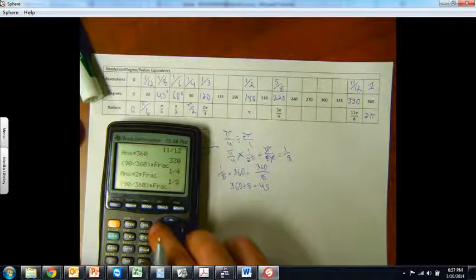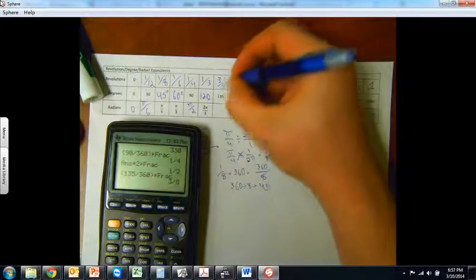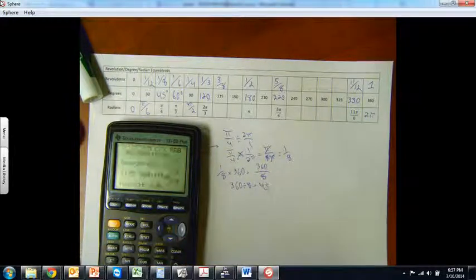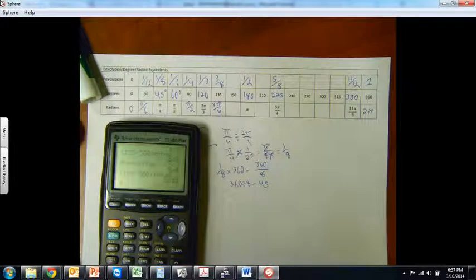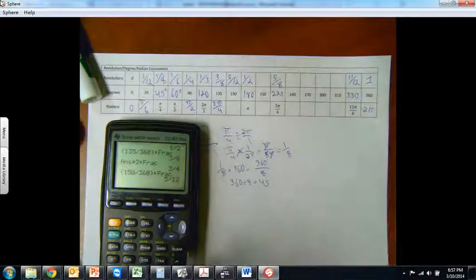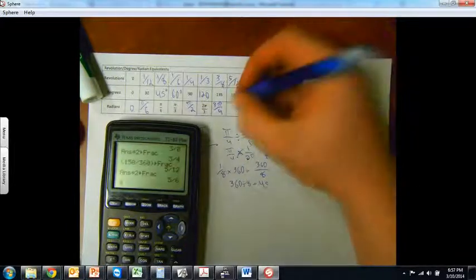Next one. 135 to a fraction, 3/8, times 2 fraction, 3/4, so that's 3 pi over 4. 150 over 360, 5/12, times 2 to fraction, 5/6, so 5 pi over 6.